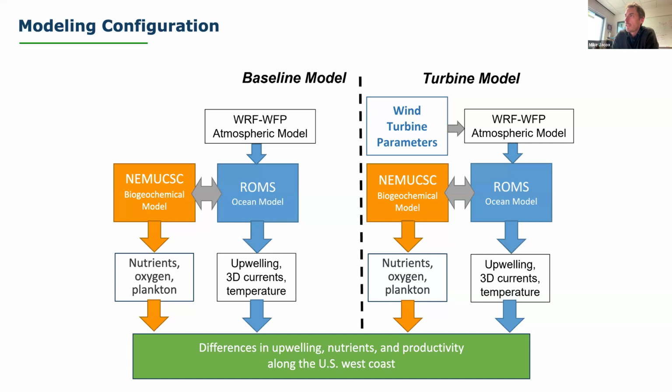We run that atmospheric model, and then we use the output from that to drive an ocean model. The ocean model is coupled to a biogeochemical model. From those two together, we can look at nutrients, oxygen, phytoplankton, zooplankton, coastal circulation, things like that.